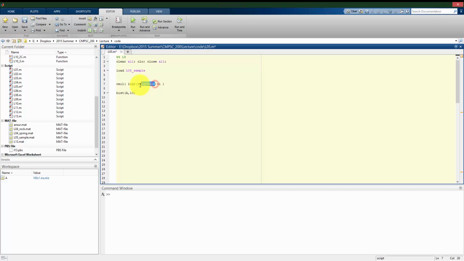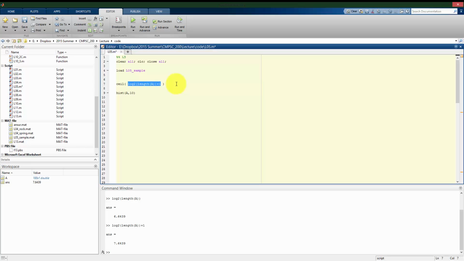Okay, so first let me work from the inside out. Length of A, we already know for this set is 100. If I take log 2 of 100, I get 6.64, and I'm going to add 1 to that. So the number inside here is 7.64. Now when we break it into bins, we can only have an integer number of bins, since they're all going to be equally spaced across our range.